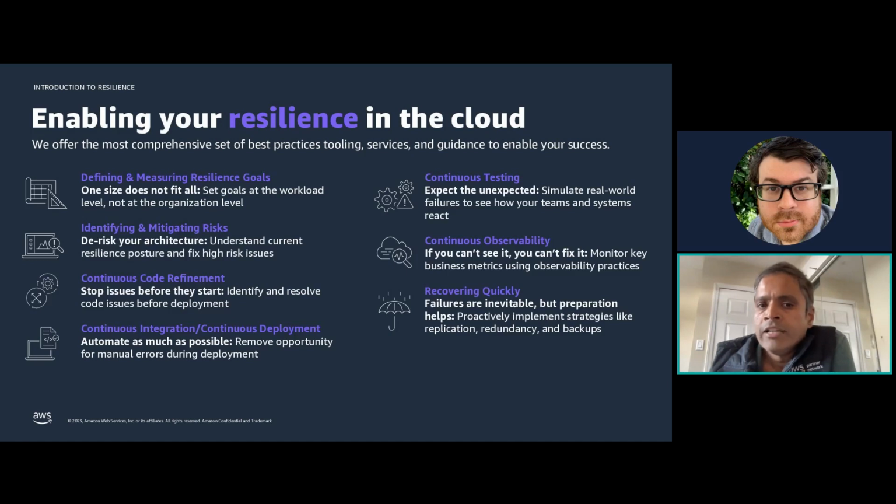The AWS Well-Architected Tool, which is based on the AWS Well-Architected Framework, can run your workload against 66 resilience best practices. It can identify risks and generate an action plan for you to remediate those. It also categorizes the risks into low, medium, and high so you can prioritize your remediations.